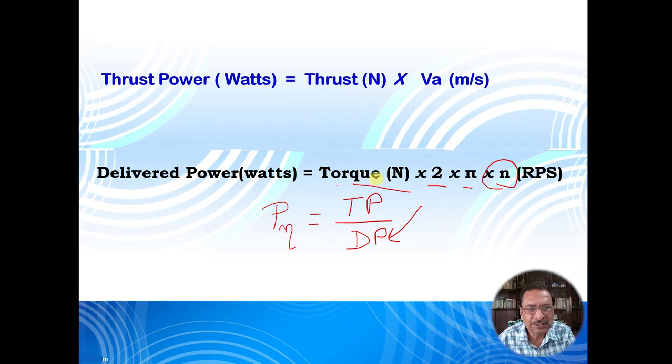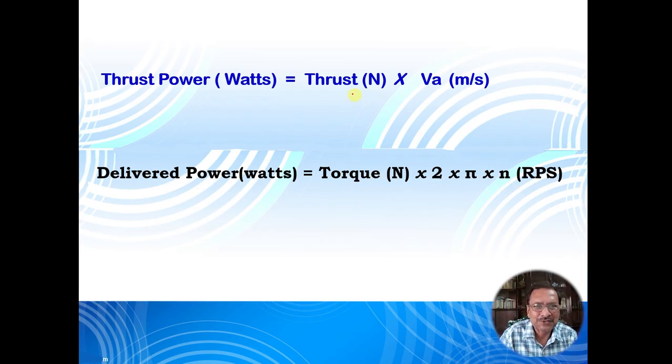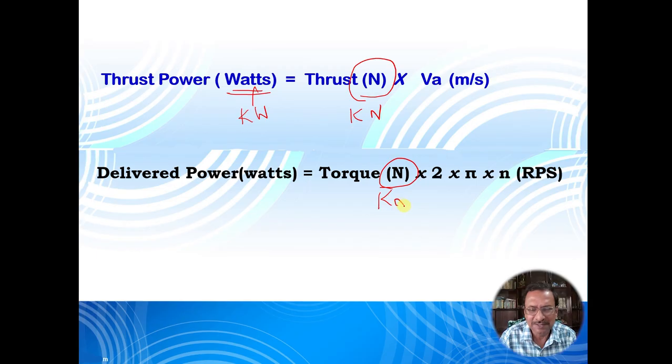Now in both these formulae, we see that the power is in watts. However, if the thrust is in kilonewtons, obviously then the power would come in kilowatts. Similarly, in the second formula also, if the torque is in kilonewton-meters, the power would obviously be in kilowatts. Please note these units.